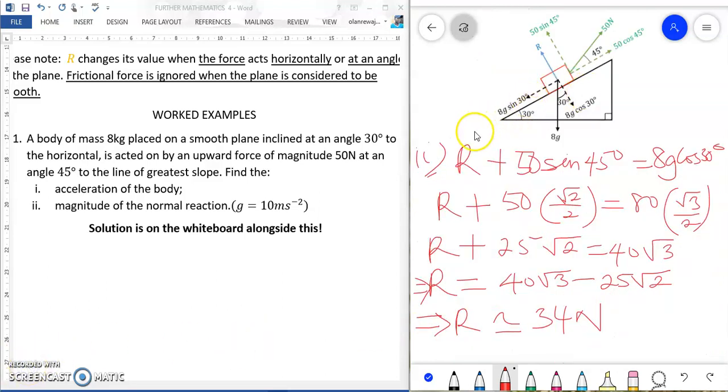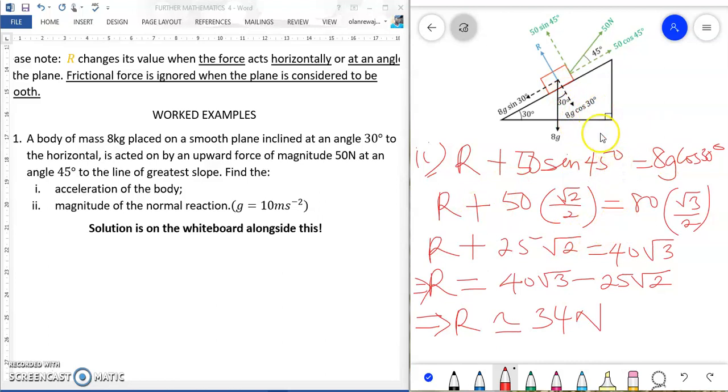Since there is no net perpendicular force, the forces acting perpendicularly to the plane are all equal. So all the ones acting perpendicularly upward are R and 50 sine 45 degrees. The sum of these two must be equal to the downward perpendicular force, which is 8g cos theta.